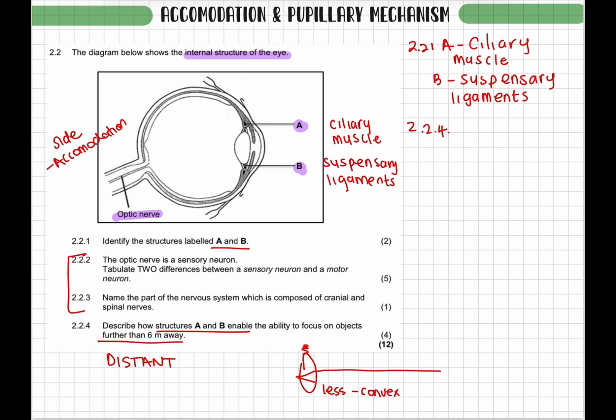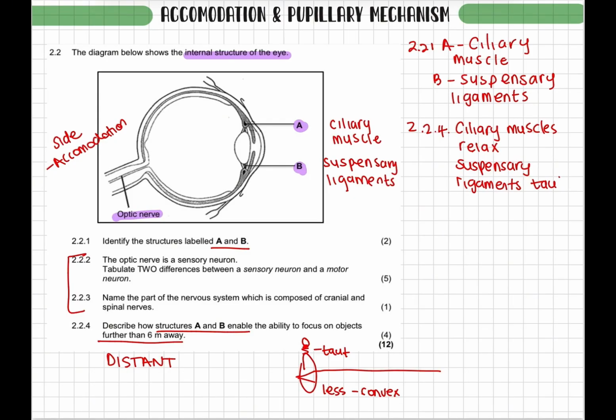Which means that the suspensory ligaments will become taut and the ciliary muscles will relax. So we're going to write that down. Ciliary muscles will relax. Then suspensory ligaments become taut.